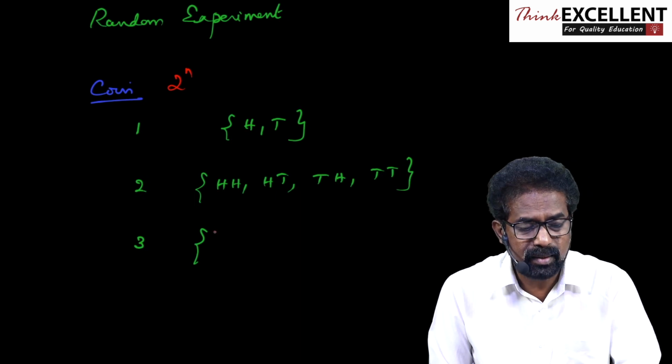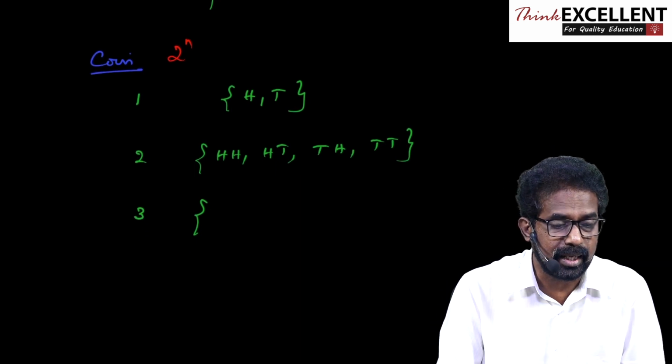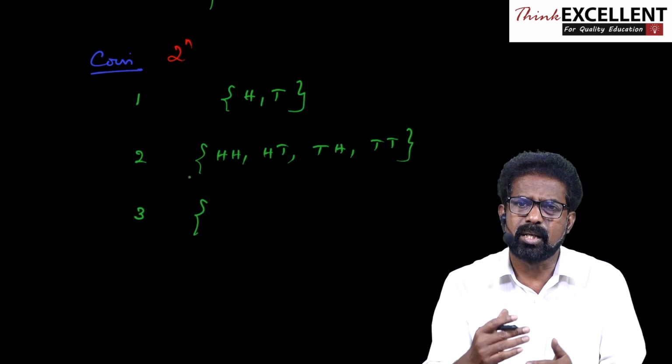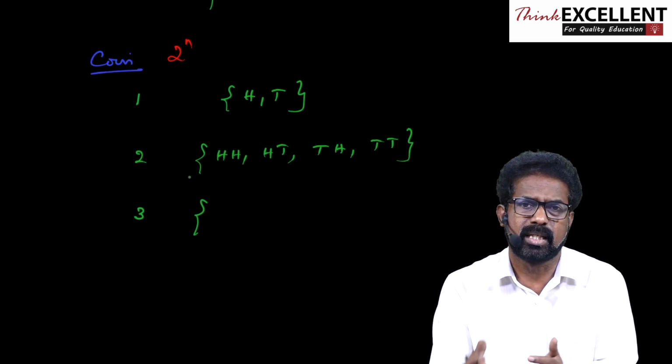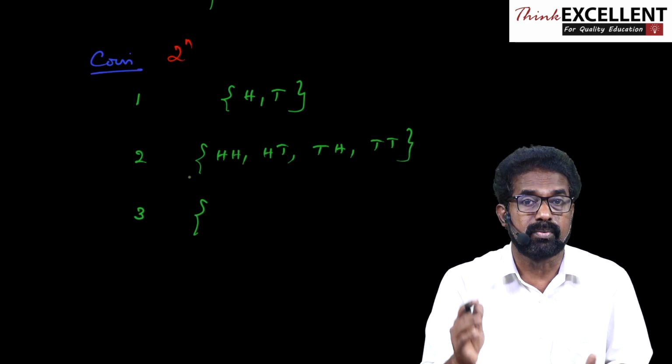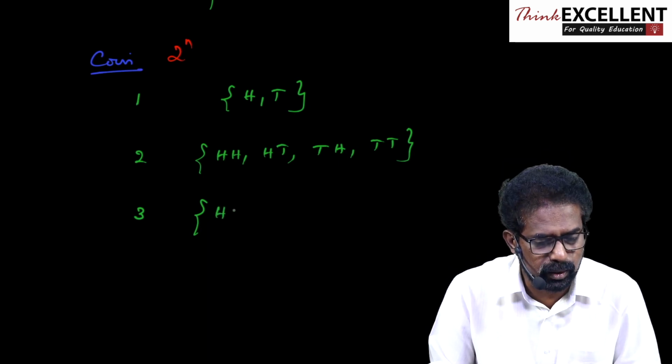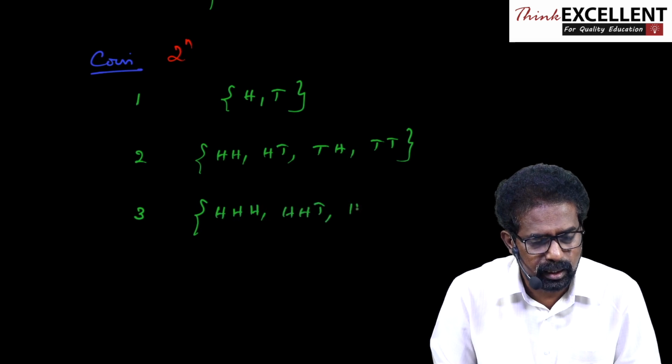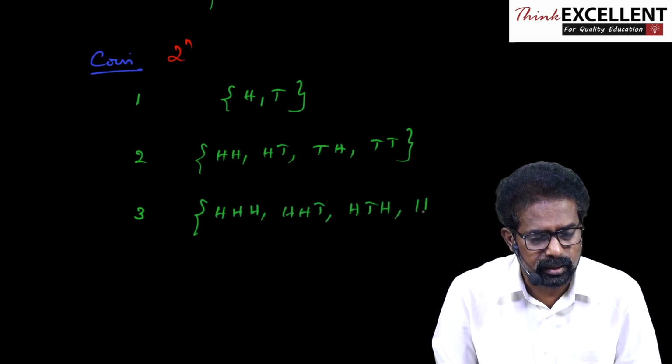So starting with H you write 4, then replace H by T and T by H. Starting with H, 3 coins: HHH, HHT, HTH, HTT.